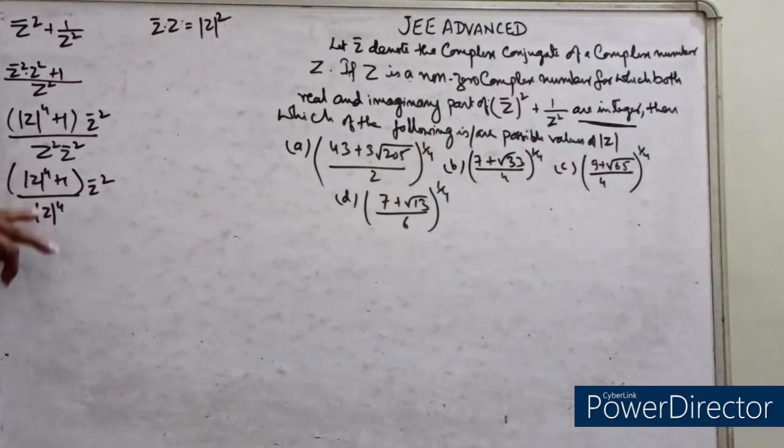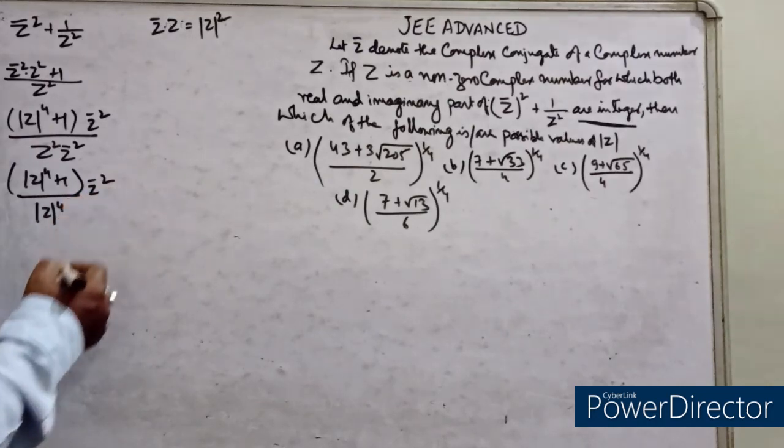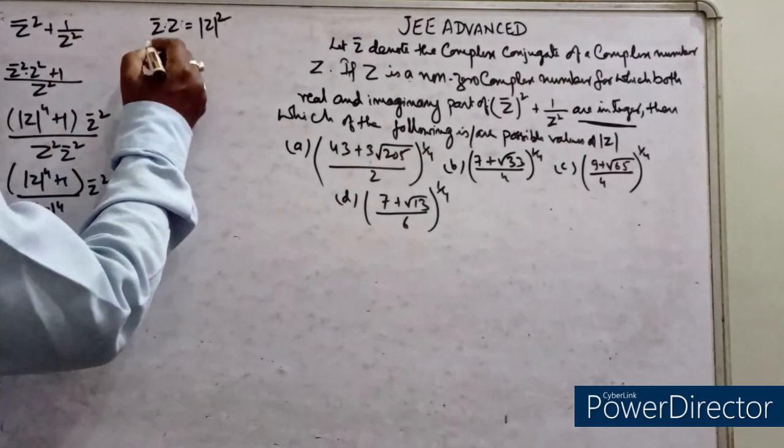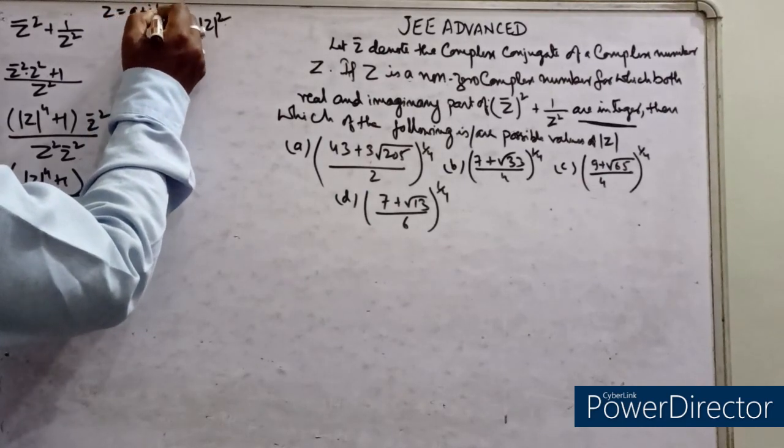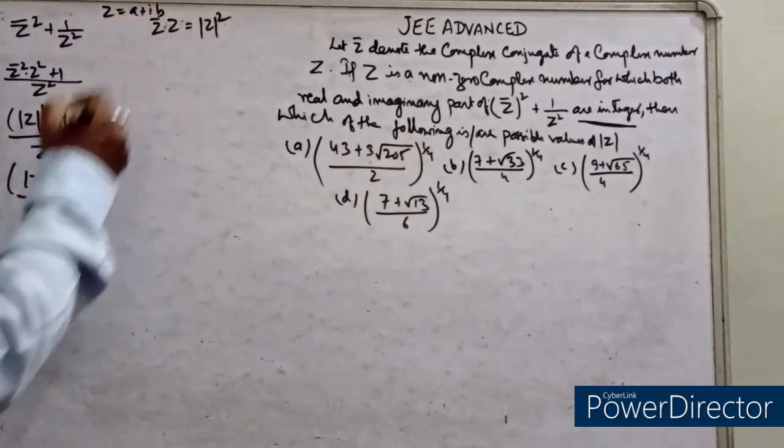These are all scalar quantities, because we are going to get magnitudes. Now if I take z is equal to a plus ib, then z bar will be a minus ib.